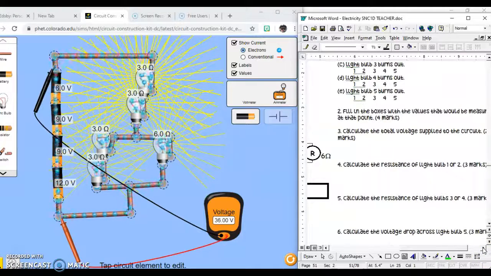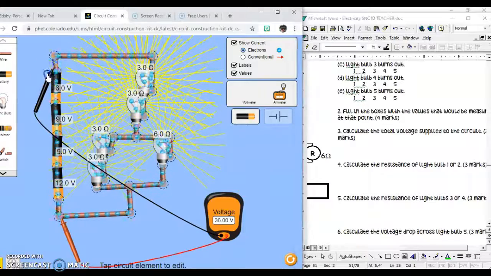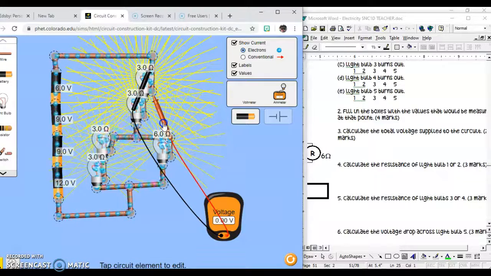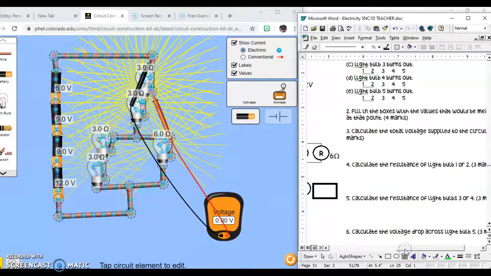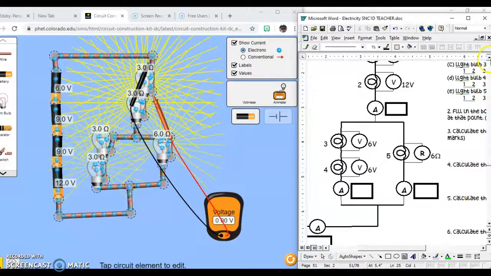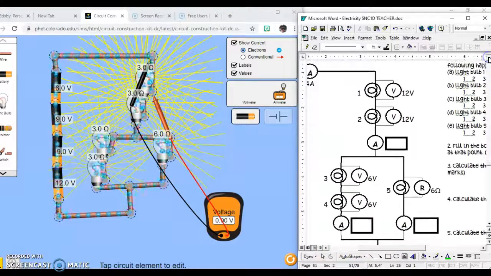Calculate the resistance of light bulb 1. They're exactly the same. We know the voltage is 12 because it says that in the diagram, and the current in that section is 4.